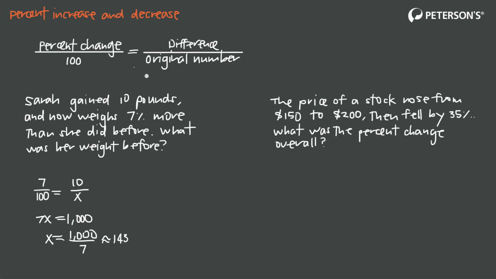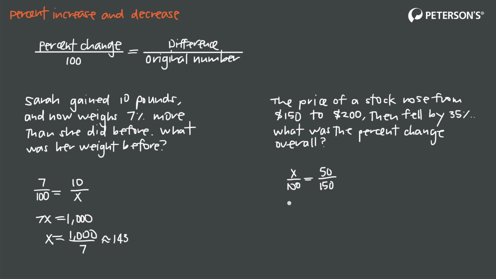Well, we don't know the percentage change there, so we can go ahead and put x in for that. We know that the difference was 50 because the price changed from $150 to $200, and 200 minus 150 is 50. So there was a $50 change, so we can put that in. And then the original value was $150.